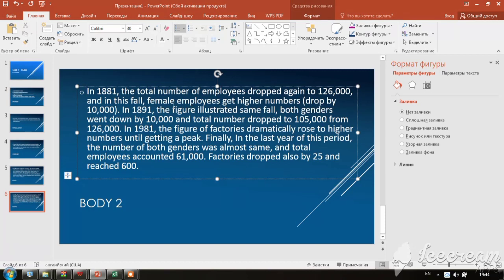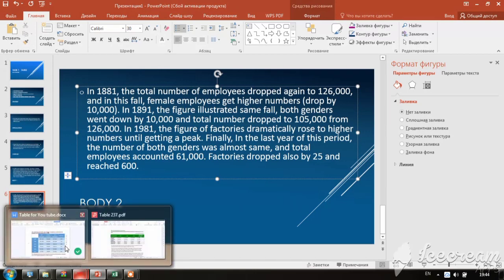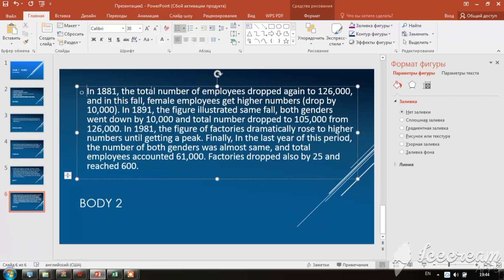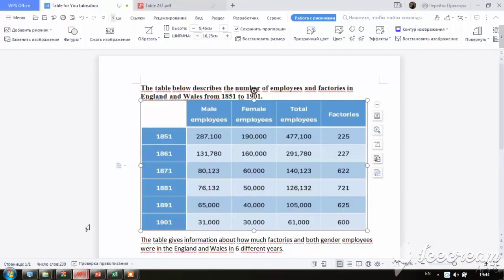In 1981, the total number of employees dropped again to 126,000, and in this fall, female employees dropped by 10,000. Let's see our table.